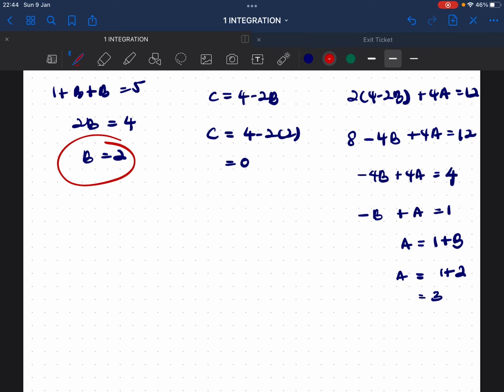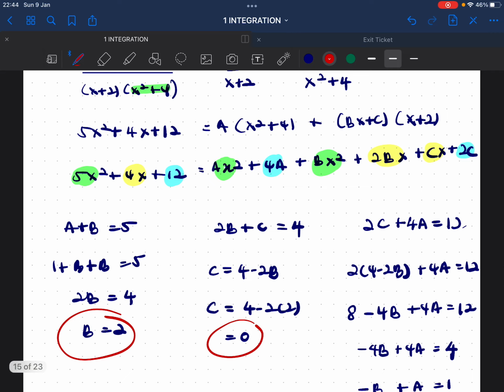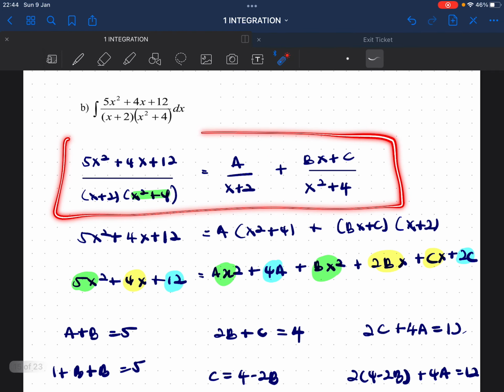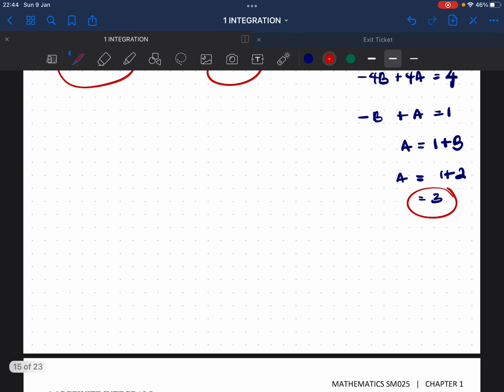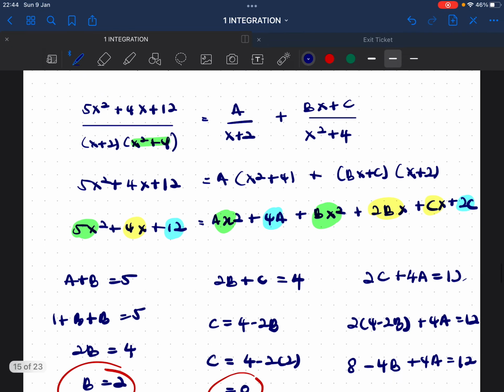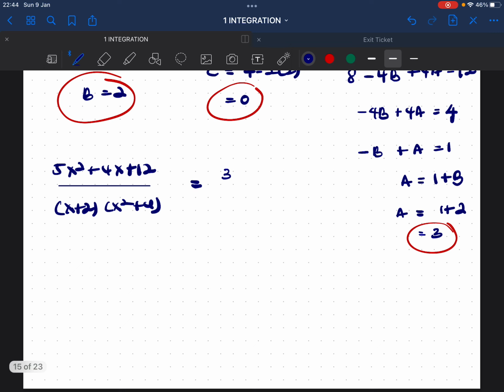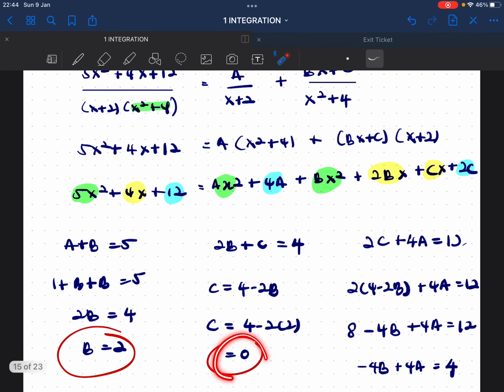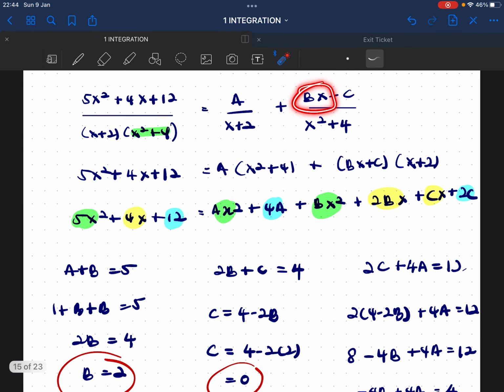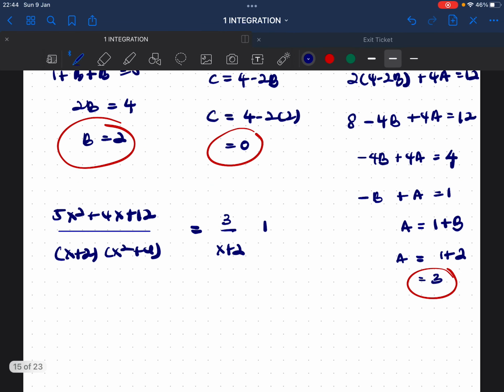All our constants. So what we are going to do is just substitute back into this partial fraction. So that will be 5x squared plus 4x plus 12 over x plus 2, x squared plus 4 equals to A over x plus 2, our A is 3 over x plus 2, plus Bx plus C, our C is 0, so that will leave us with Bx, so that will be 2x over x squared plus 4.